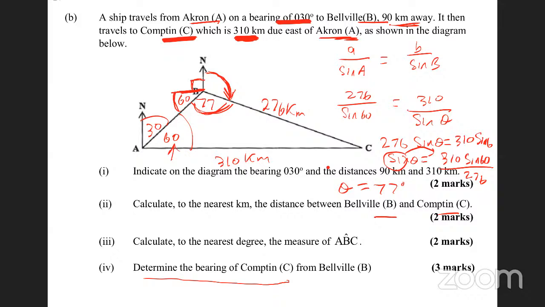One of the ways you could figure it out is to say 360 minus 77 minus 60 minus 90. How much is that? 134.